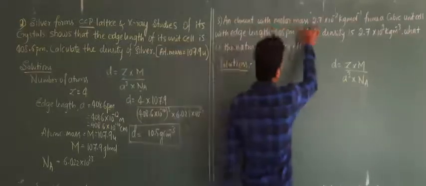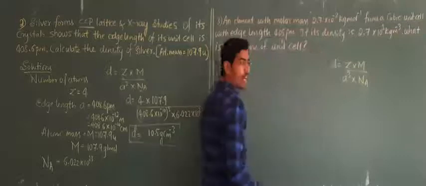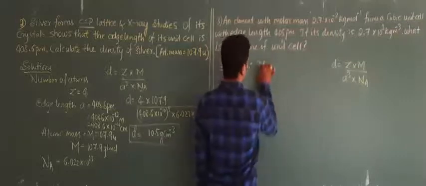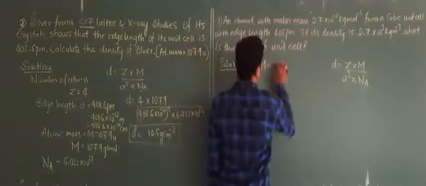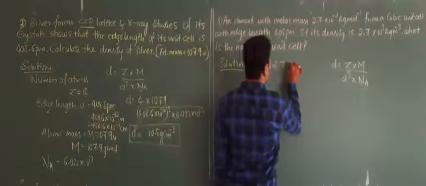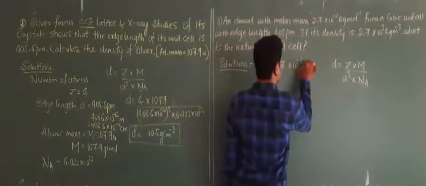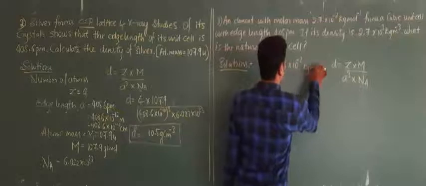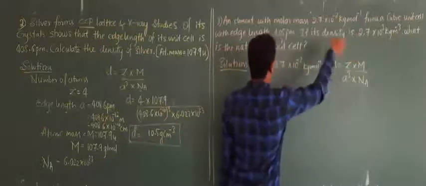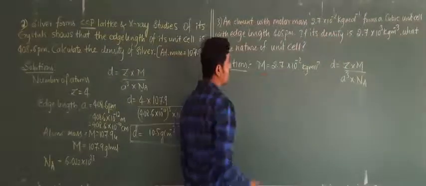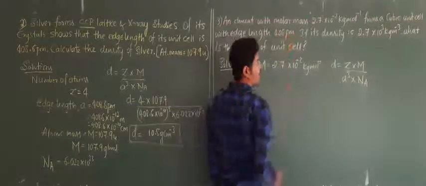An element with molar mass: the molar mass is given, that is capital M is equal to 2.7 into 10 raised to minus 2 kg per mole. Next, forms a cubic unit cell with edge length 405 picometer.